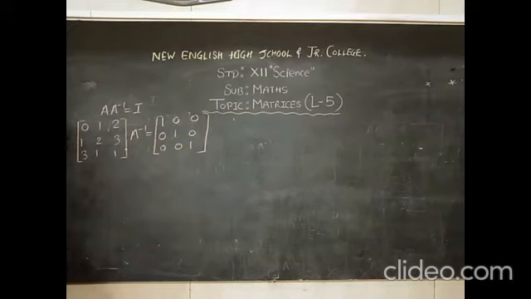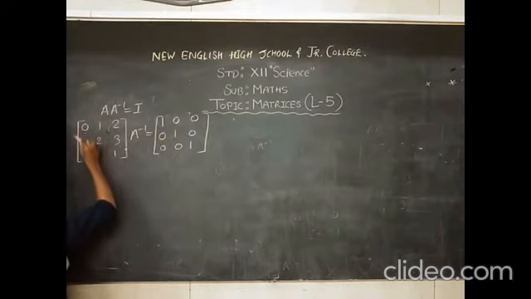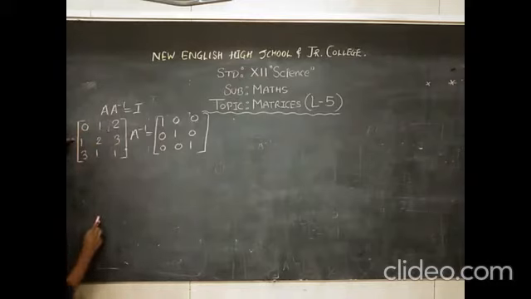Now, we want to convert this A into this form 1, 0, 0, 0, 1, 0, 0, 0, 1. First, as I told you before, first column, I will try to make this first column 1, 0, 0. And first I will make this one.